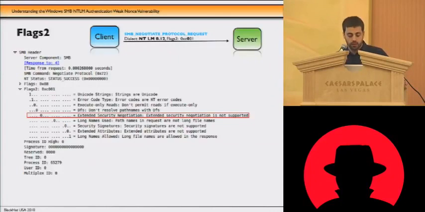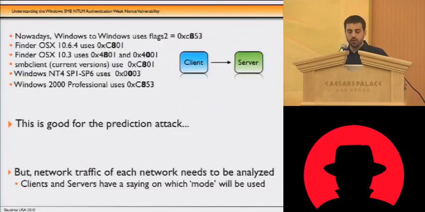authenticate against the server. The thing about this is that for some time now, I think starting with Windows 2000, Windows machines use the NTLM SSP mode between them. However, this does not mean that passive replay attacks are not possible, because like I said, the client can say to the server, hey server, I want to use the plain mode.